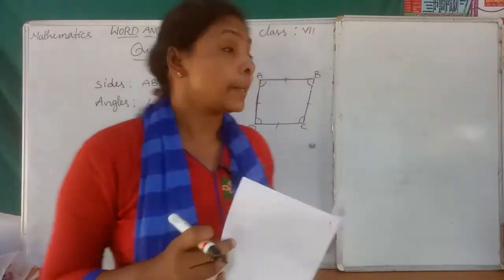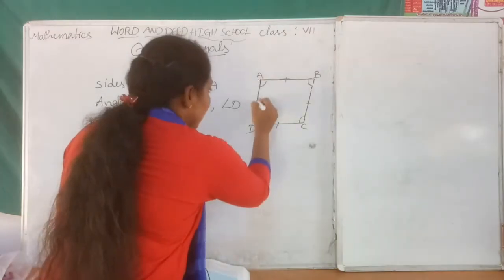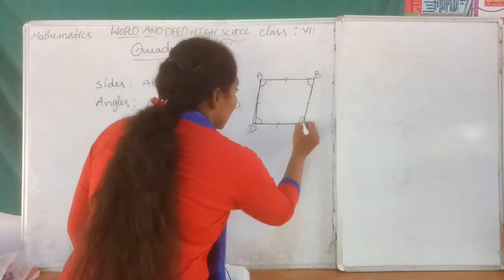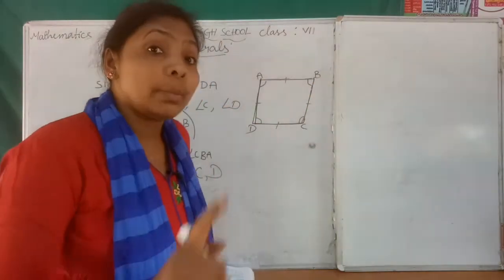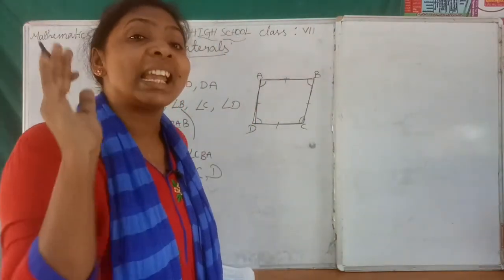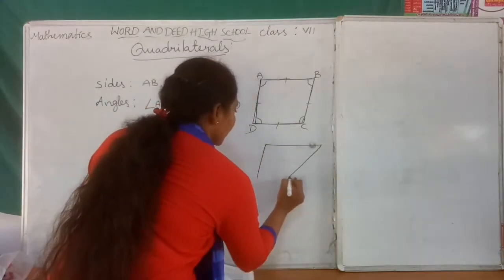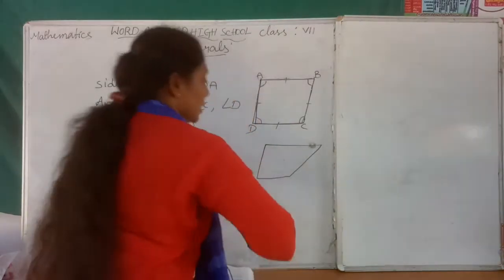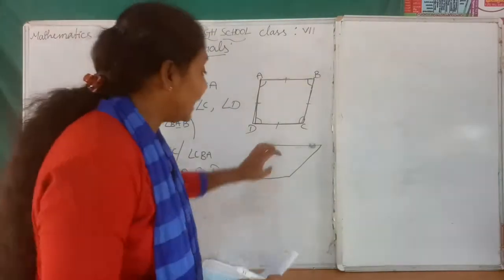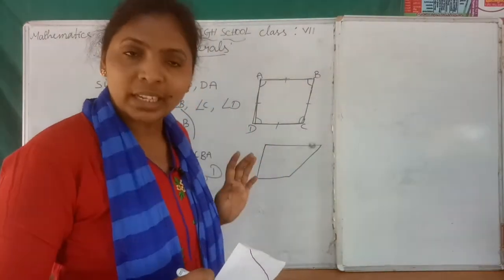Okay, but see, it is not a rectangle, children. Rectangle means we have one quality. What is that? Opposite sides should be the same. Suppose like this I can draw the picture, children. Is it a quadrilateral or not? Yes, it is a quadrilateral, but it is not a rectangle. Have you understood?